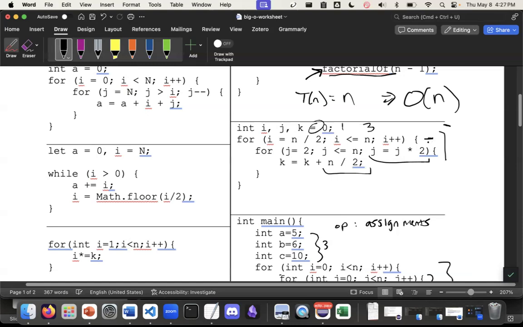And here we also start at n over 2, and then we go until it's less than n. And we start at halfway through, and then we increase it. Any ideas?